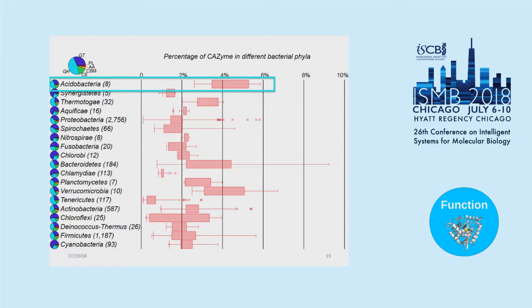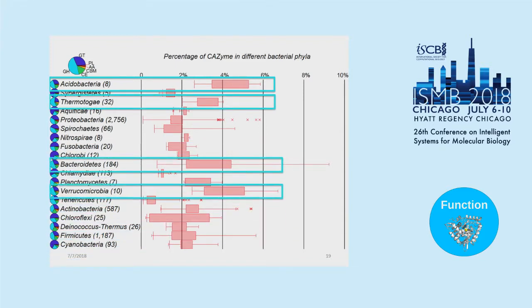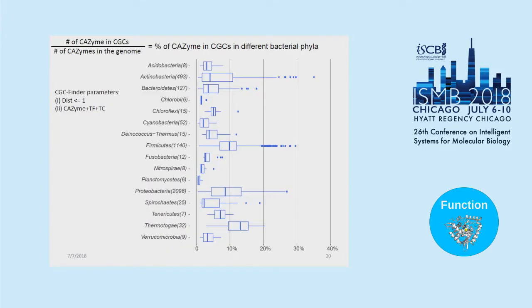Because we have over 5,000 bacteria scanned, we showed that some bacterial phyla, like Bacteroidetes and Firmicutes, are major phyla found in the human gut microbiome. They have the highest percentage of CAZymes encoded in their genome, almost 4% up to 10%. The other 2, Acidobacteria, found in soil, and Thermotogae, found in hot springs, are environments that have a lot of plant or algal carbohydrates.